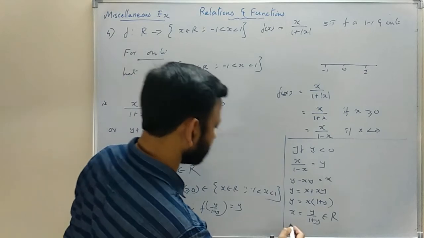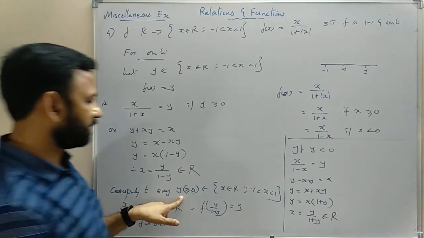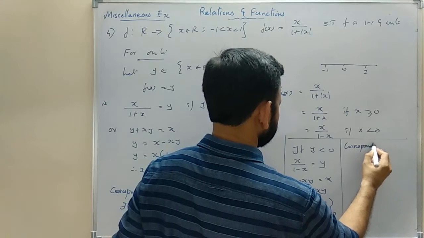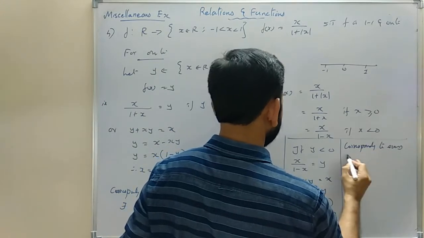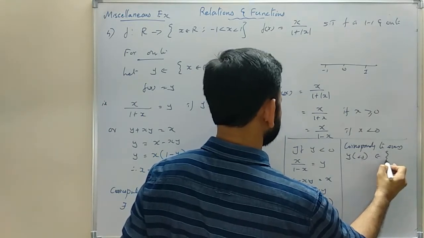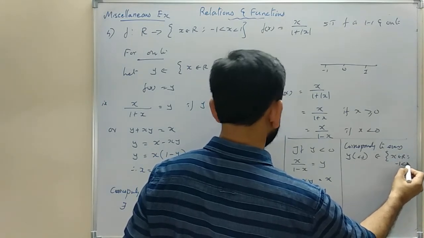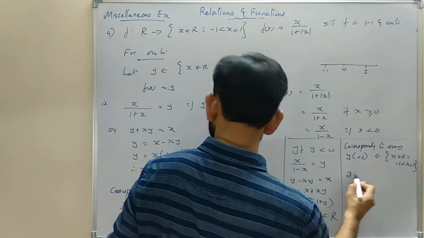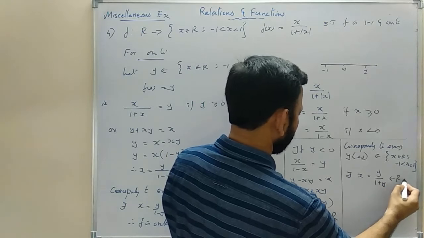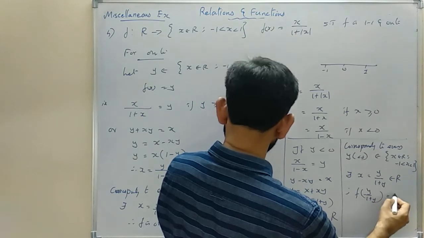So same steps we can repeat: corresponding to every y less than 0, in bracket belongs to codomain, that is x belongs to R such that minus 1 less than x less than 1, there x is equal to y upon 1 plus y belongs to R, such that f of y upon 1 plus y equal to y.